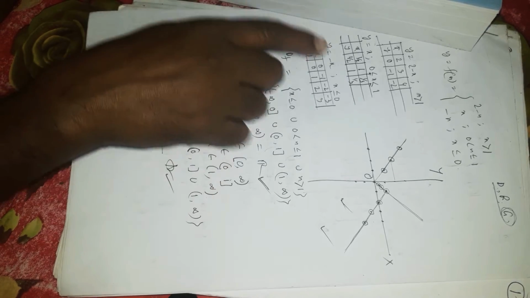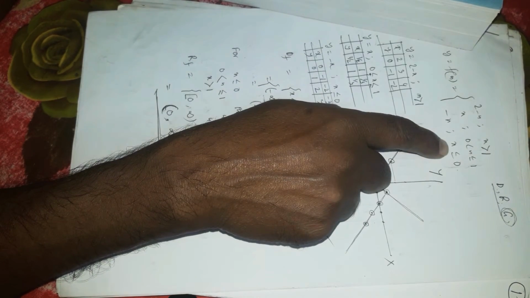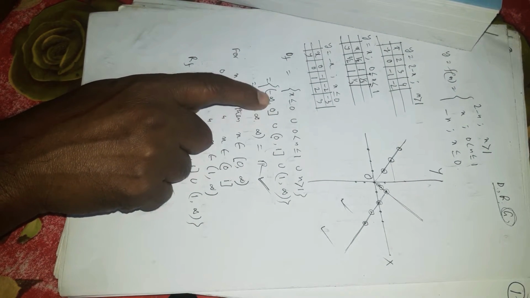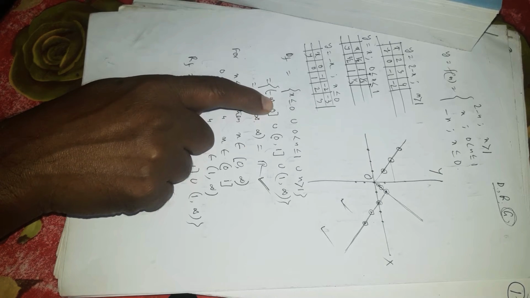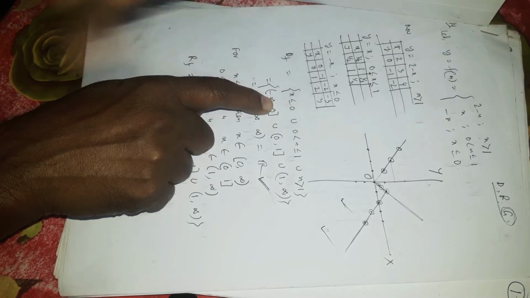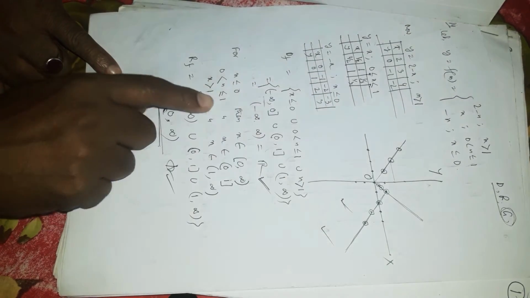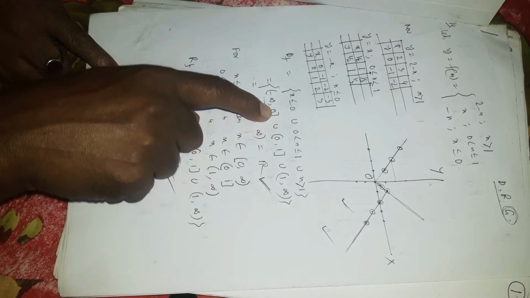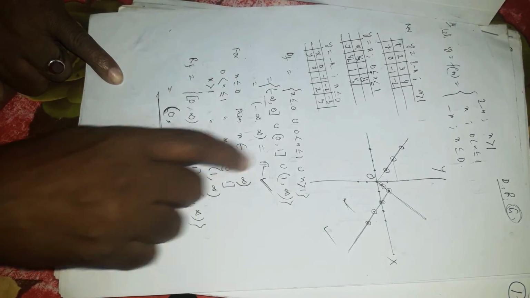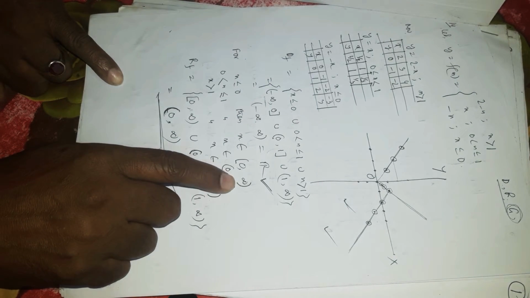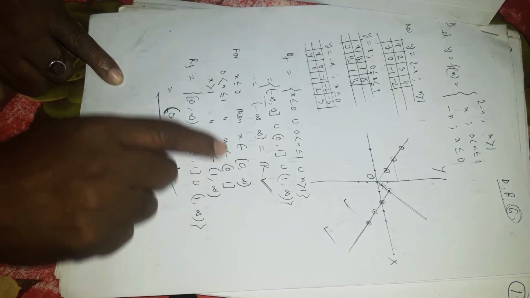Lastly, x is less than or equal to 0. We have to find 0 to minus infinity. Just putting these values, y equal to minus x, just 0, 0 is 0, minus infinity, just plus infinity, 0 to infinity.